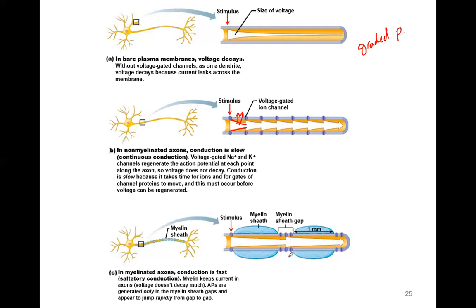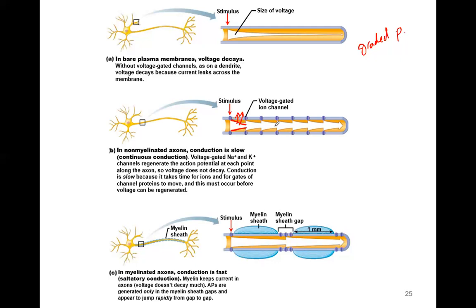And then you can renew that charge within the spaces we identify as nodes of Ranvier. This electrical impulse created by these myelinated axons is much more rapid, and therefore called saltatory conduction.